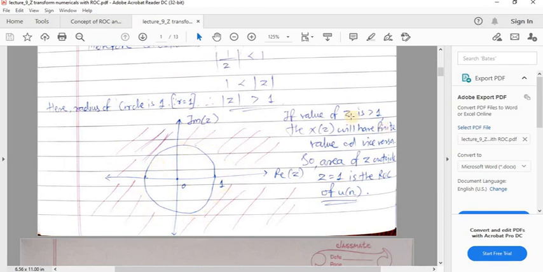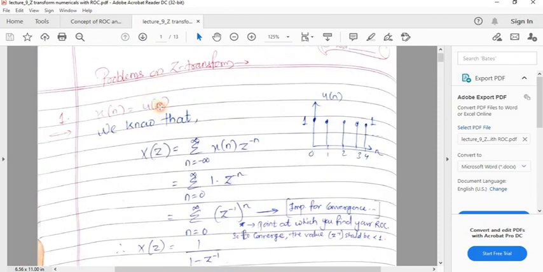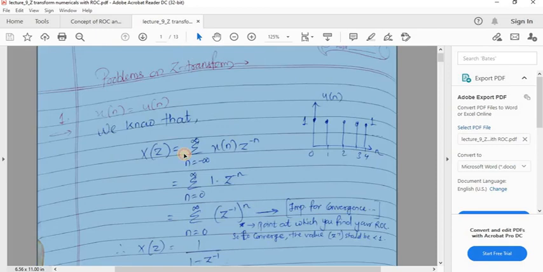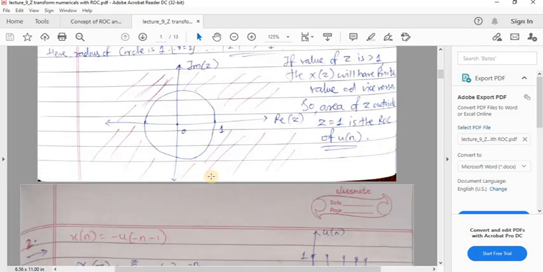If the value of z is less than 1, then x of z will not have a finite value, and vice versa. So the area outside z equals 1 is the ROC of u of n. Okay, a simple problem.